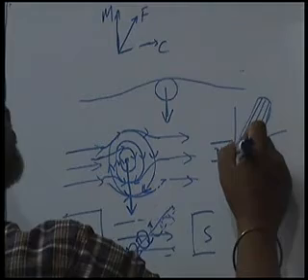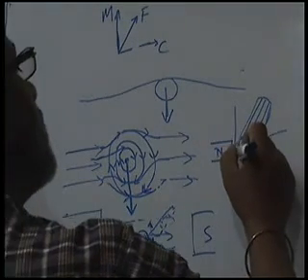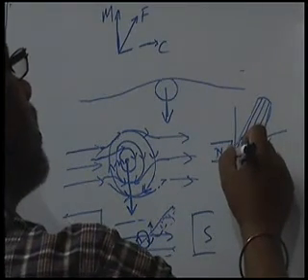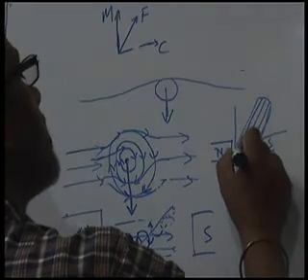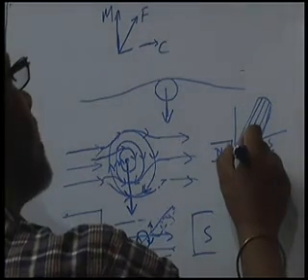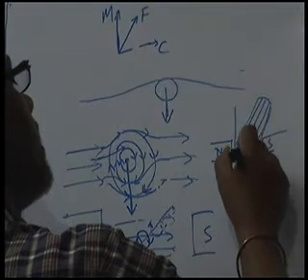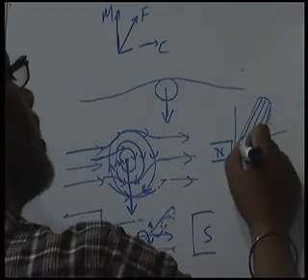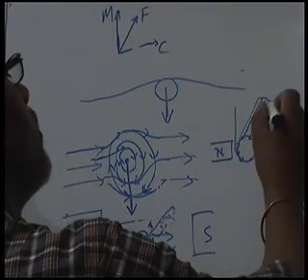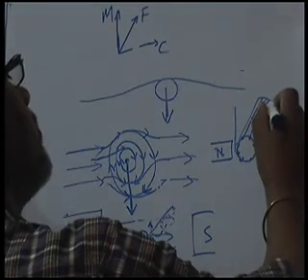The conductors are wired in such a way that if this conductor is taking the current inside from this side, a diagonally opposite conductor will be bringing out the same current.